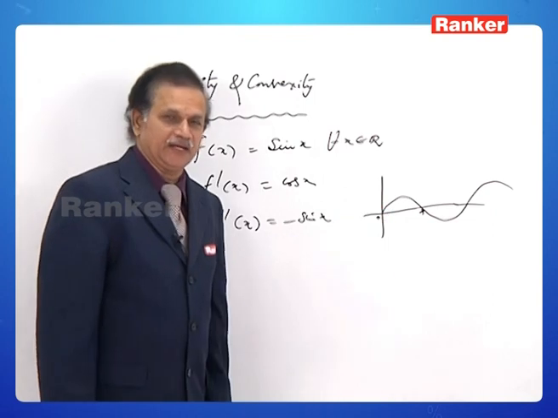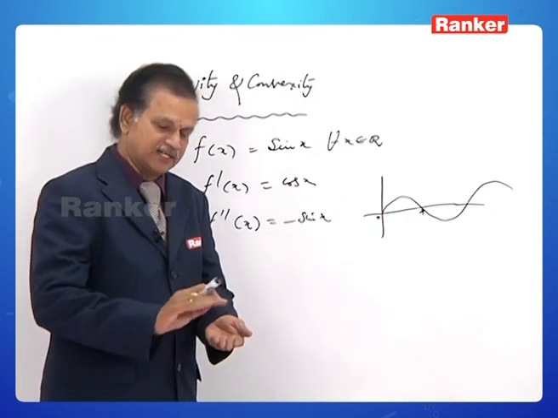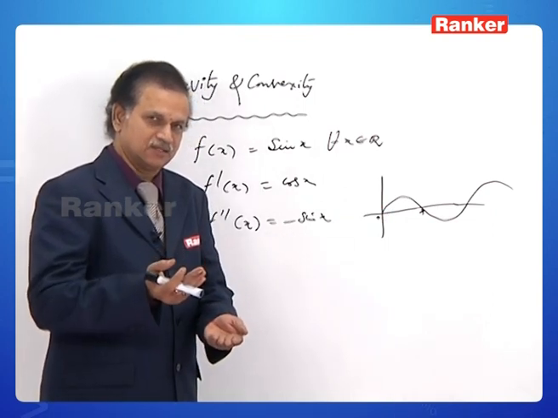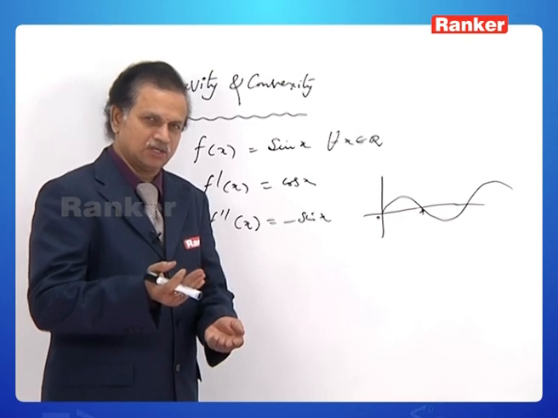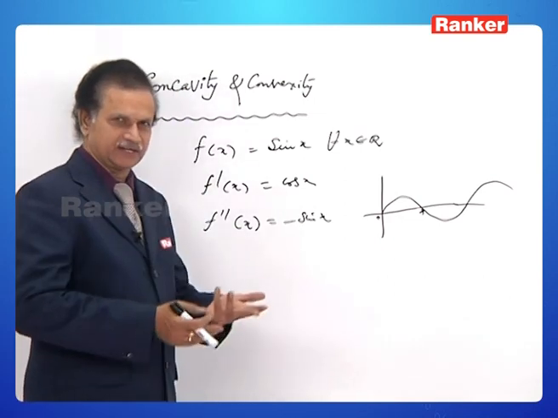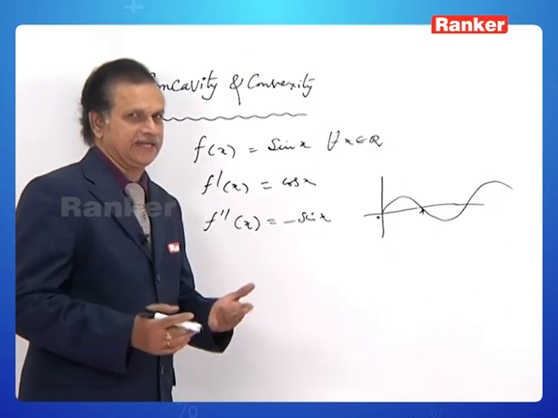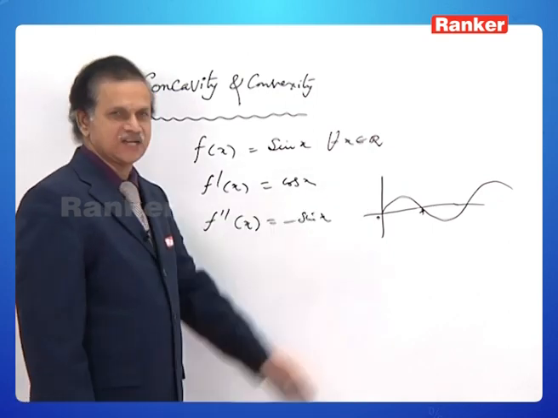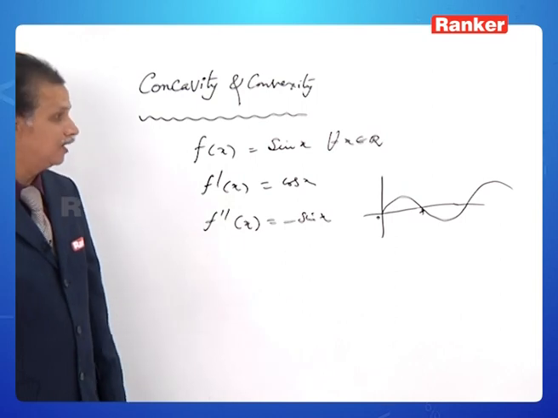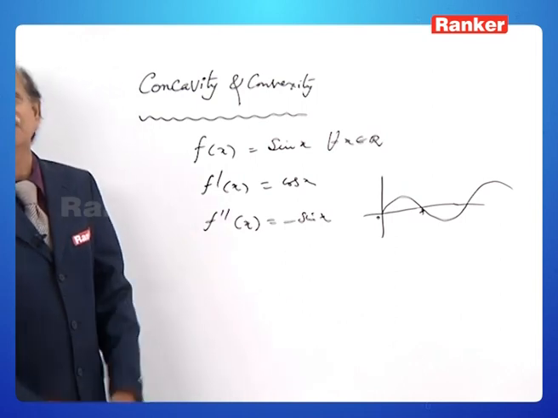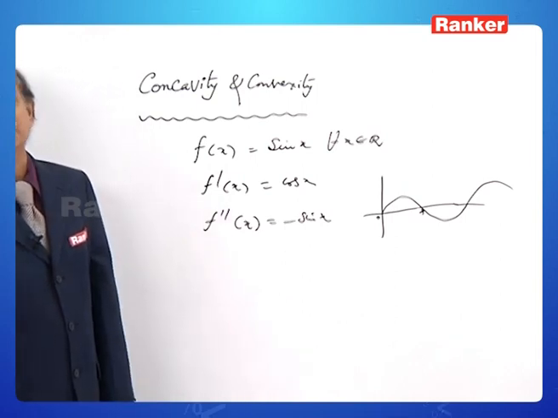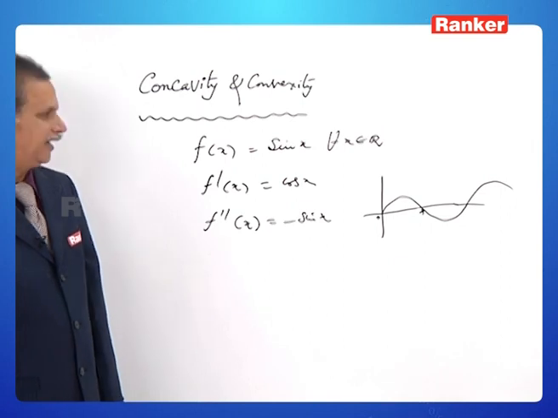Between 0 and pi, the graph of sin x lies above the x-axis. So sin x is positive, so minus sin x is negative. So f double dash x is negative. Therefore, f of x equal to sin x is convex in the region 0 to pi.